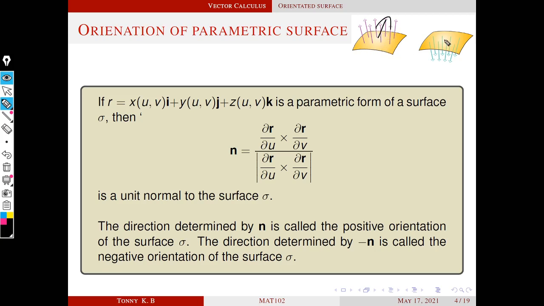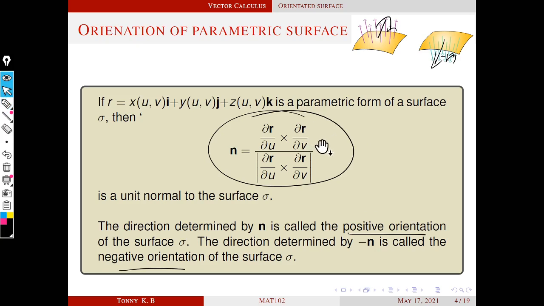And what about minus n? If this is n, then minus n is the downward direction. Then we say that this is the negative orientation of the surface sigma. So we have two orientations for an orientable surface: one is the positive orientation, the other is the negative orientation. The positive orientation is determined by this unit vector n.